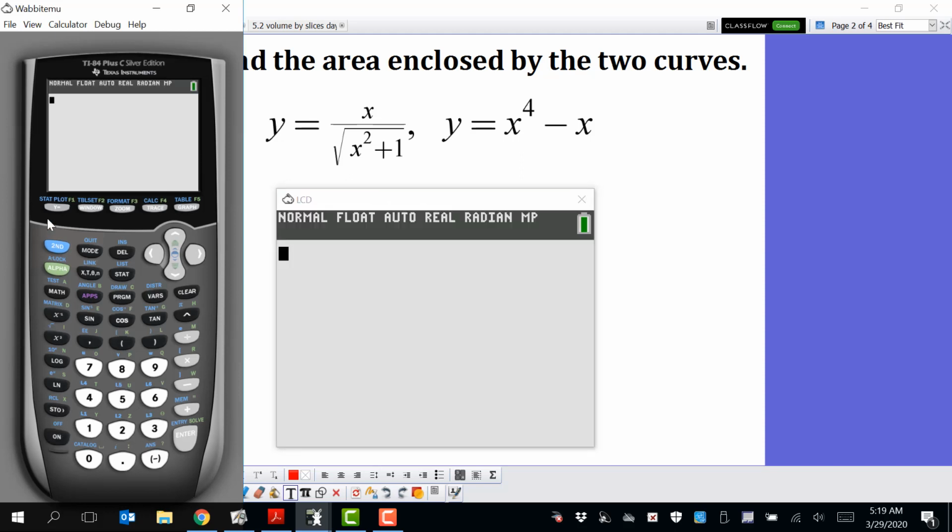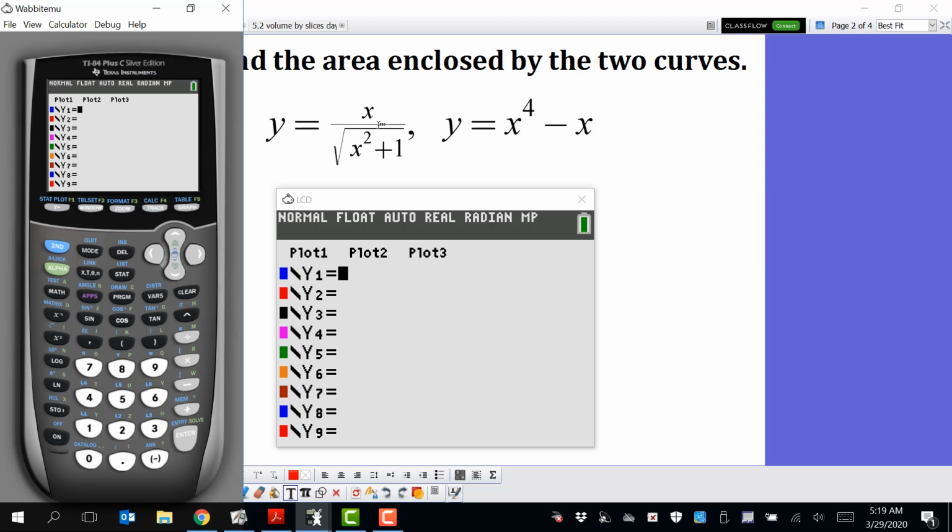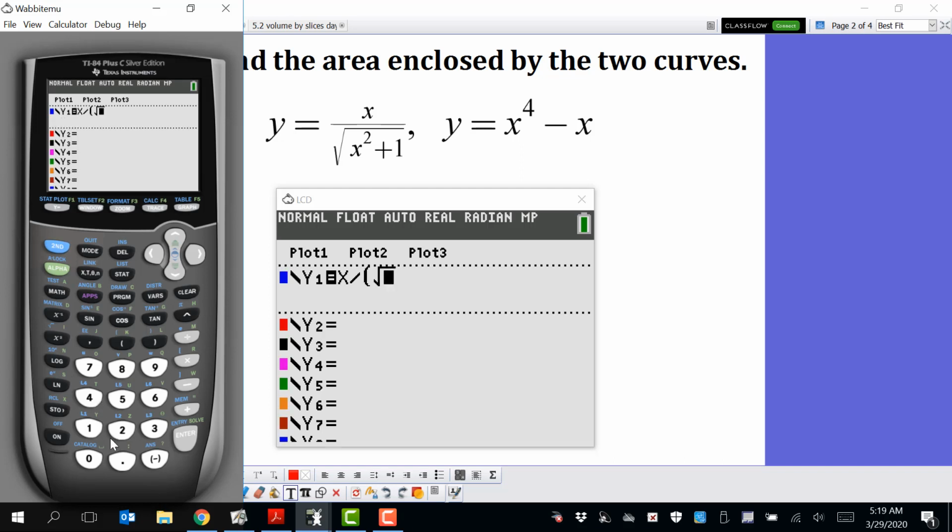On a graphing calculator like the TI-84, which is what we use in class, you go to y equals, and you simply enter each one of those functions for its own y value. So y1 is x divided by the square root of x squared plus 1.